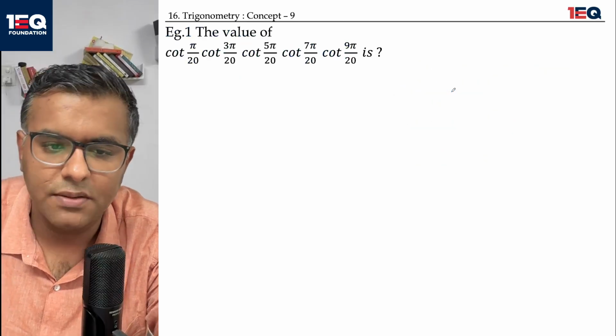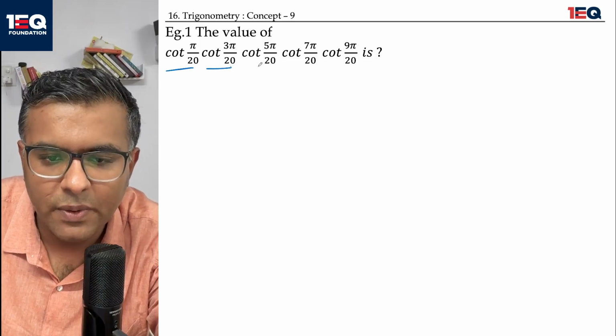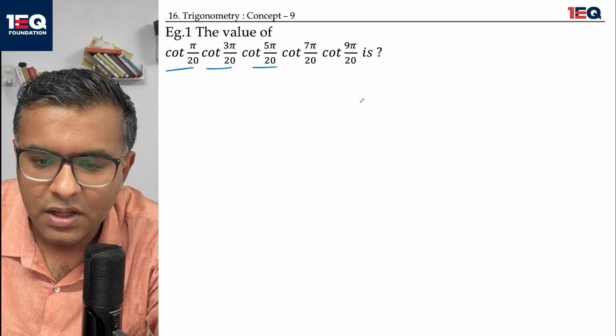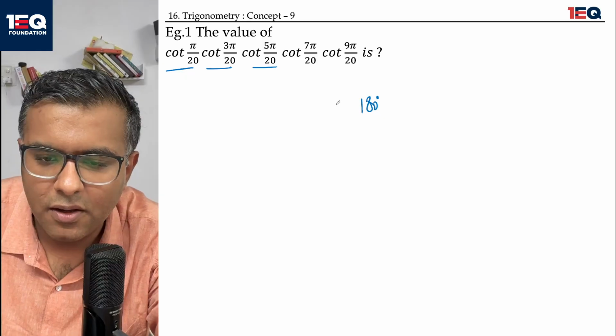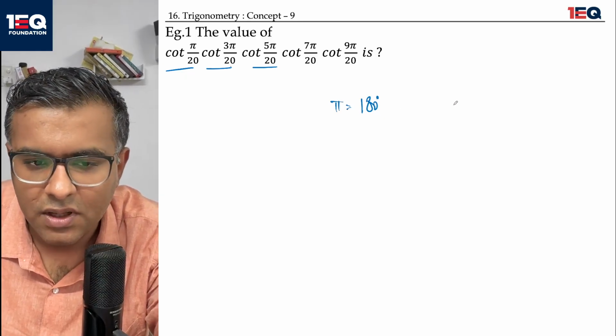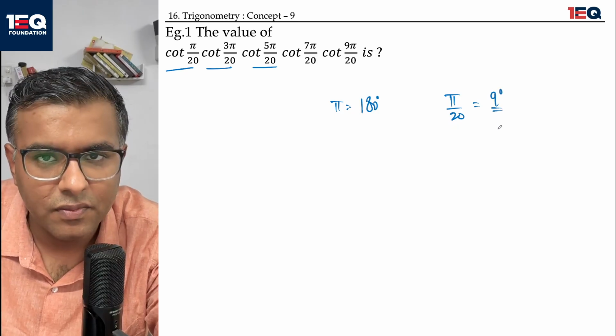Let's move to the question. Now it says cot pi by 20, cot 3 pi by 20, 5 pi, 7 pi, 9 pi. What is the actual value of that? I know that the value of pi is equal to 180 degrees. So the value of pi by 20 is going to be only 9 degrees, right?